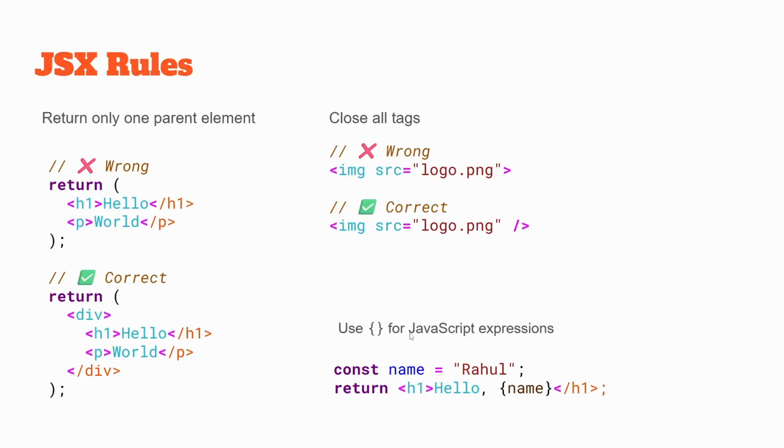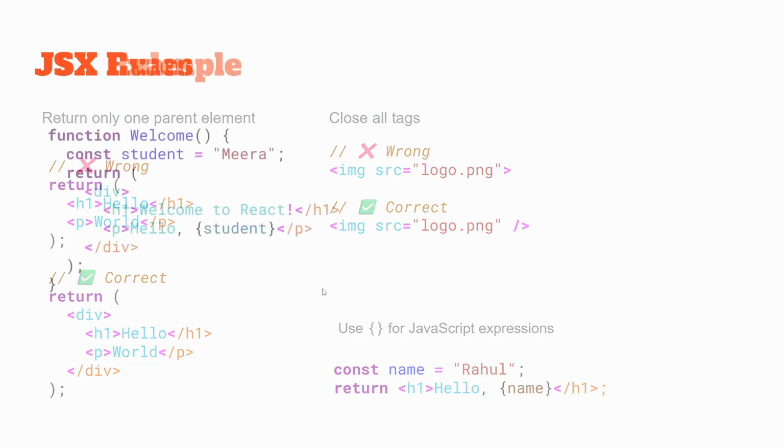Then the last one is if you want to enter any variable inside JSX, then you have to use curly braces. Okay, so when you add curly braces, it shifts from JSX to JavaScript. So there you can put any JavaScript variables inside the curly braces. So these are some of the rules that you should know while writing JSX.